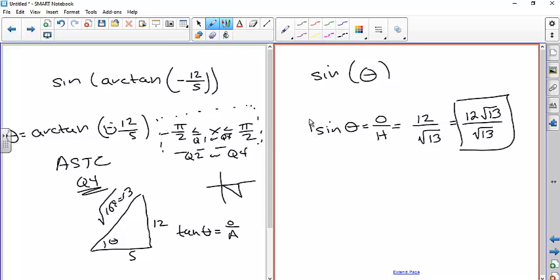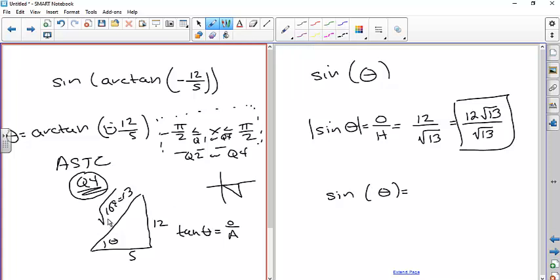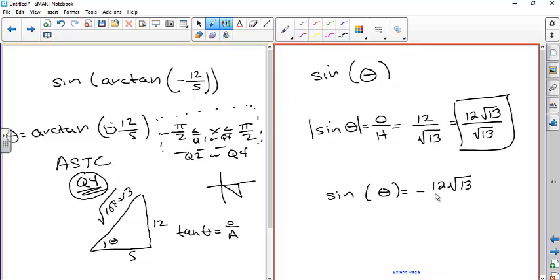And really what we're doing with the triangle is getting the magnitude of the value. The actual sign of this angle theta, it's in the fourth quadrant. The sine is positive in the first and second quadrant, so the fourth quadrant is going to tell me that the actual sine is going to be negative: negative 12 over 13. And that's the answer.